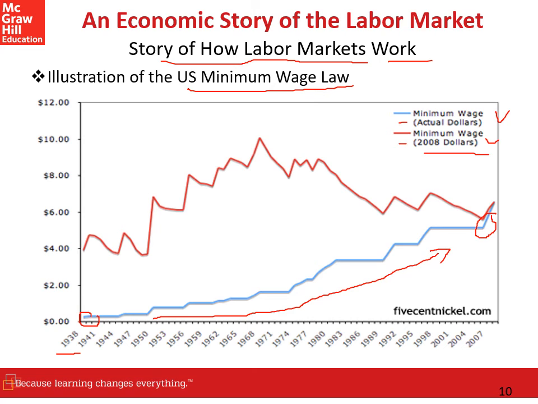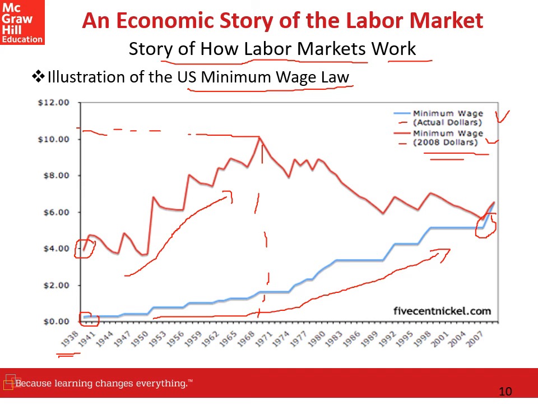On the other hand, the real minimum wage in 2008 dollars was about $4 in 1938, and this real minimum wage increases all the way up to $11 in 1968.